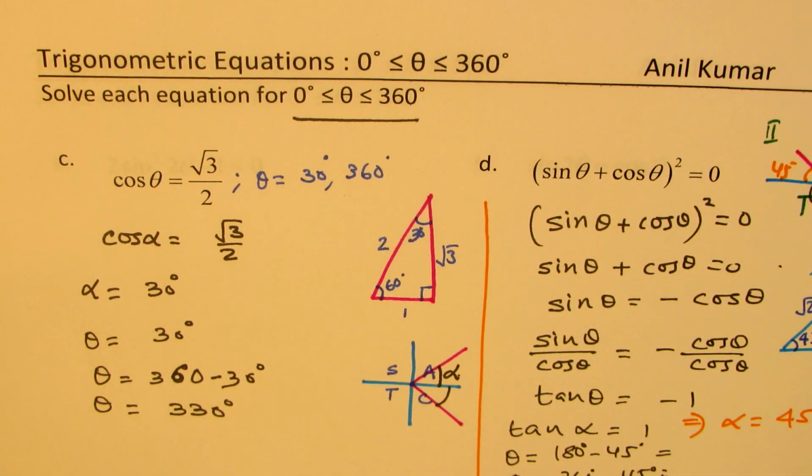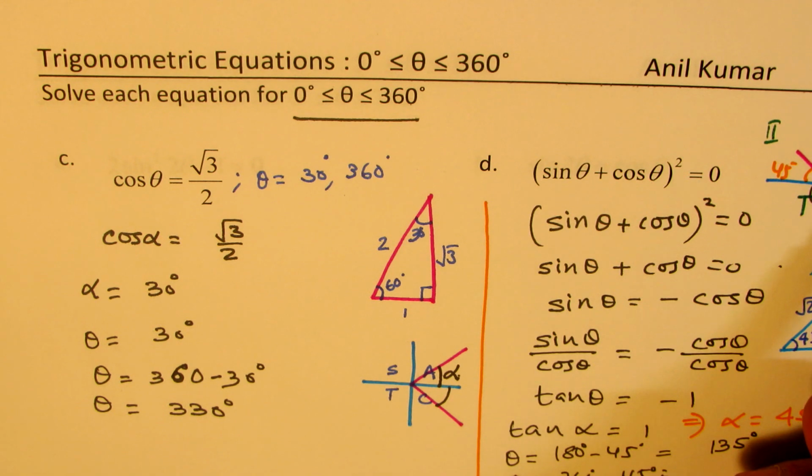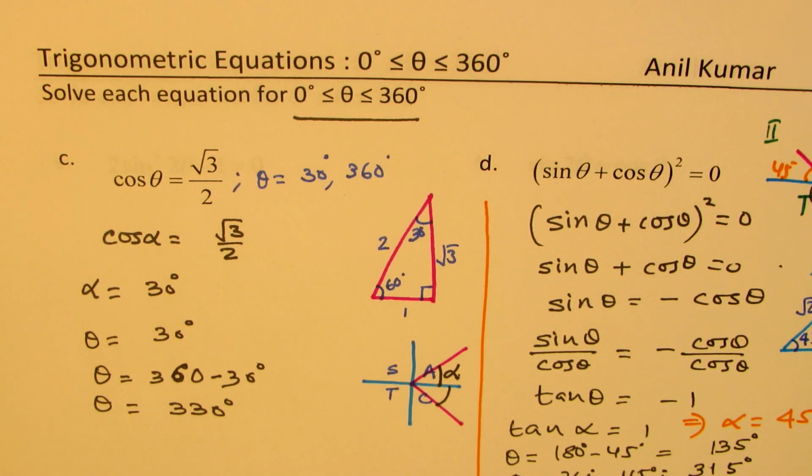So these are the two answers. The first answer is 135 degrees, right? The other angle is 135 plus 180, you could do that also, which is 315 degrees, correct? So these are the two solutions in the given case.